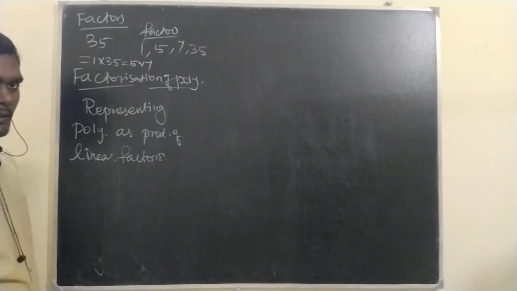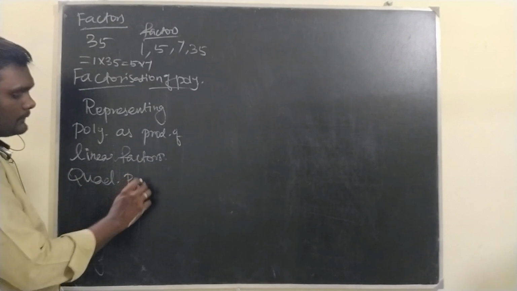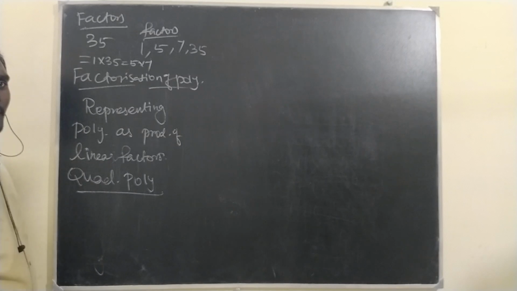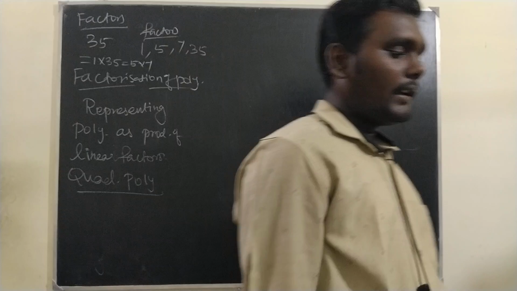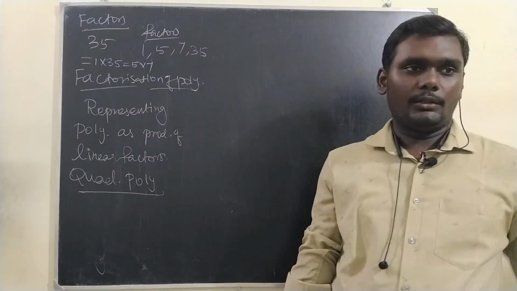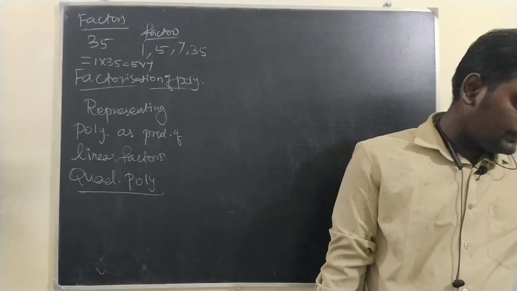What kind of factors? Linear factors. See, when it is a quadratic polynomial, we can use the factorization method, right? There are two methods. Using factorization we can do, using the factor theorem we can do. So, factorization you all know very well, is it?